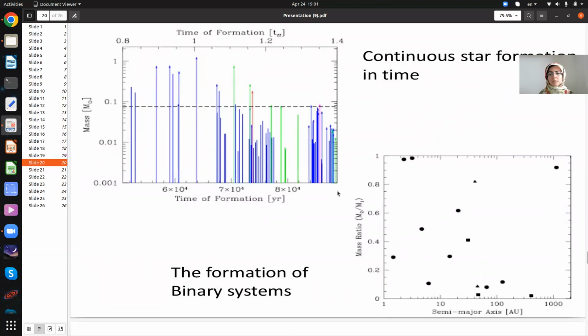And we can say that there is a continuous star formation time. As you see, the star formation is continuous.